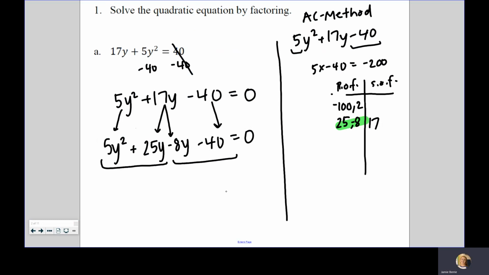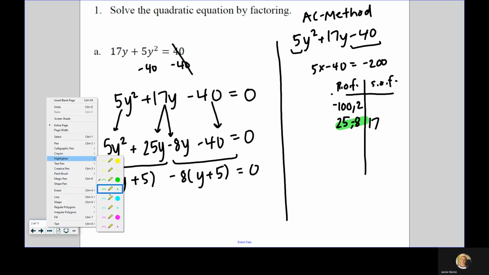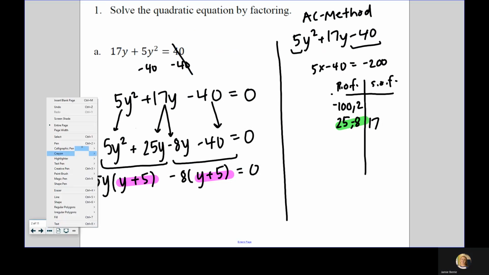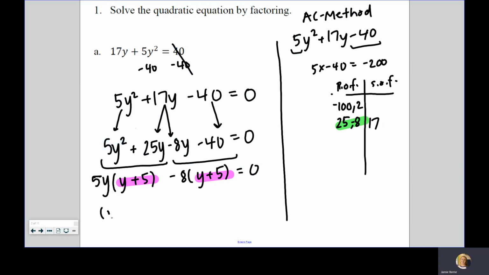This is 4 terms, so we know we're going to be factoring by grouping. Factor out 5y. That's the common factor in these first 2 terms. That's going to leave us with y plus 5. We want to have another y plus 5 over here, so we should pull out a negative 8. That'll leave us with y plus 5, again equal to 0. Now I'm going to pull out my common factor, which is y plus 5. All right, so pulling that out front.